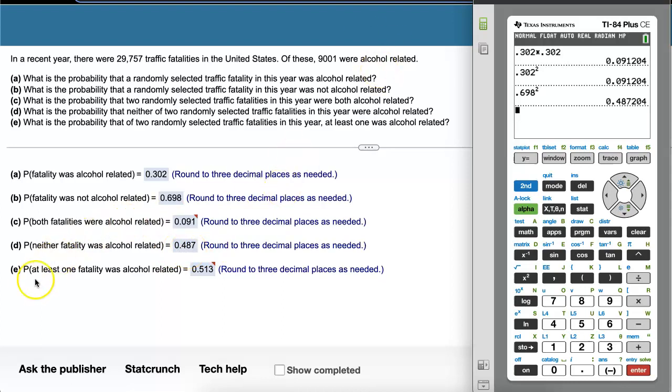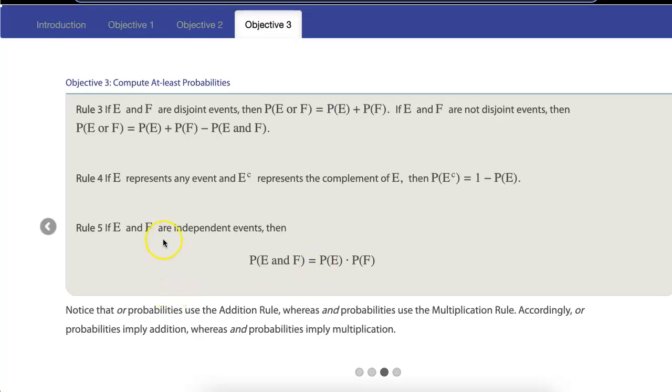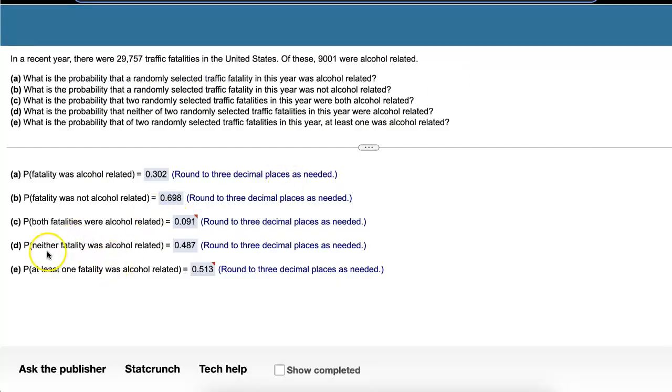Now I say that because I need that to answer part E, the probability that at least one fatality was alcohol related. Coming back to the e-text, I'm going to move up now to rule number 5. If E represents any event and E^C, the complement, represents the complement of E, then the probability of the complement of E is 1 minus the probability of E. So here, the complement of neither fatality was alcohol related is that at least one fatality was alcohol related.